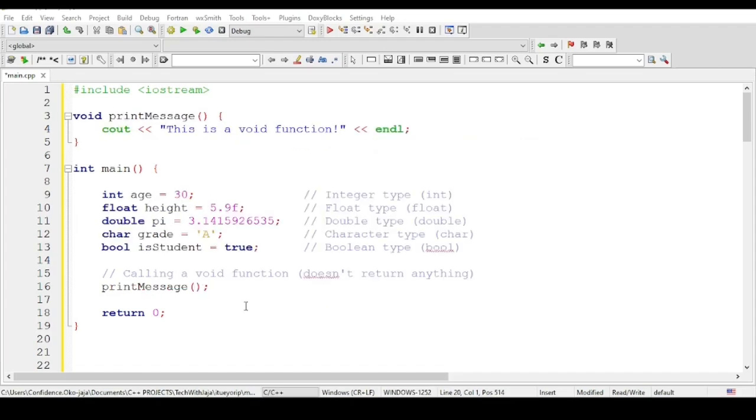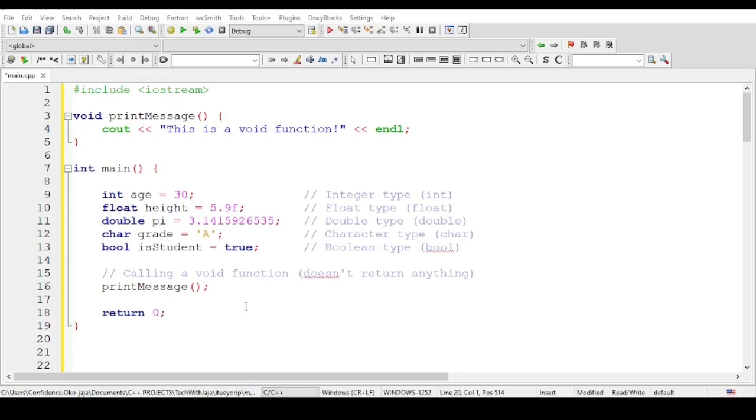Here is a recap of the primitive types of data we've discussed so far. The integer, which is used to store numbers both positive and negative as well as 0. No decimal point is allowed. The float, which is used to store numbers with decimal points, suitable for numbers that don't require high precision. The double, which is similar to float but with more precision and accuracy.